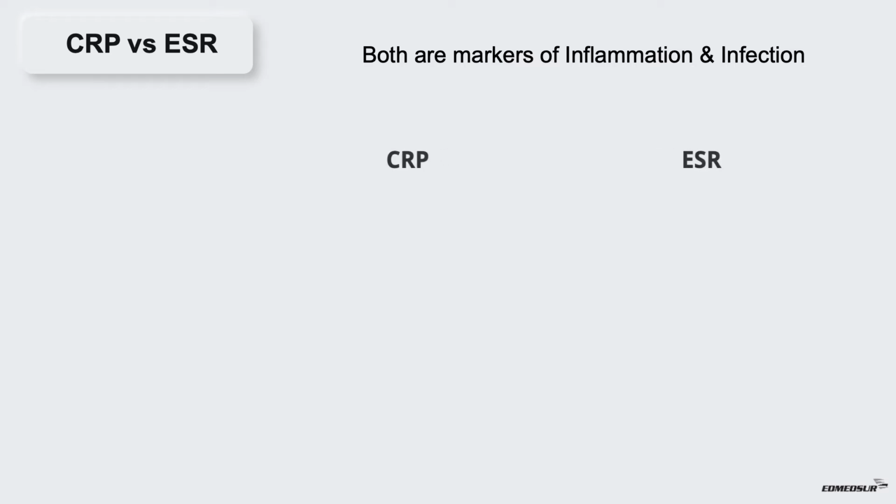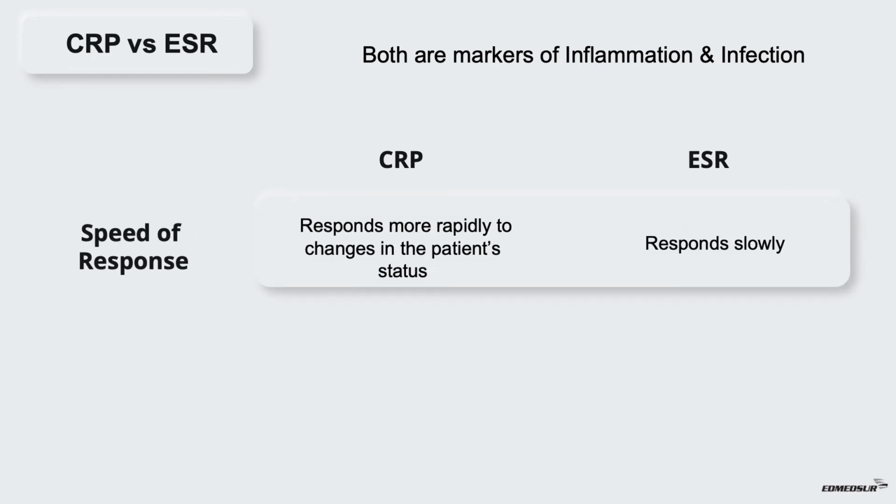CRP versus ESR. Both CRP and ESR are markers of inflammation and infection. However, there are two important differences. Levels of CRP tend to correlate with the ESR but respond more rapidly to changes in patient status.